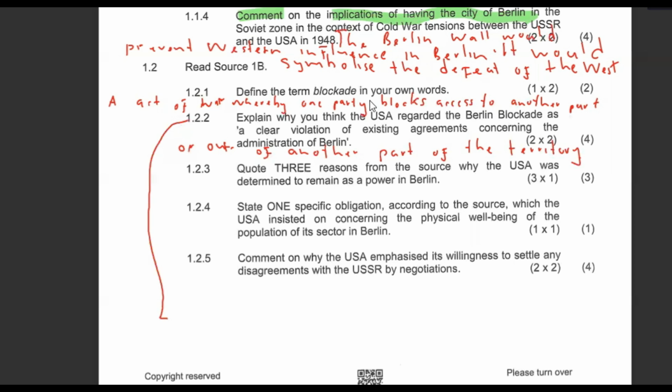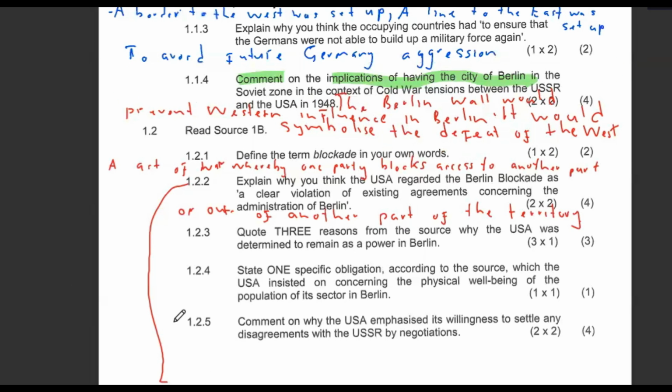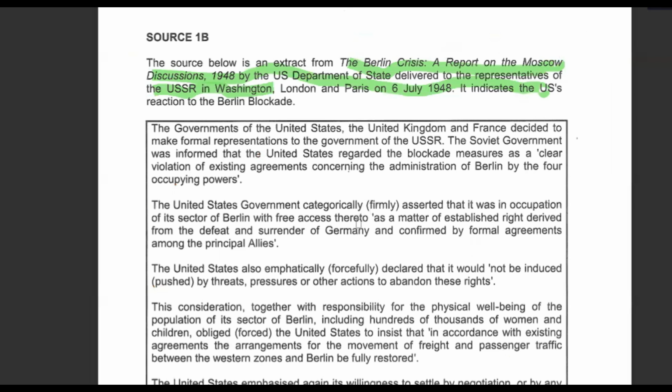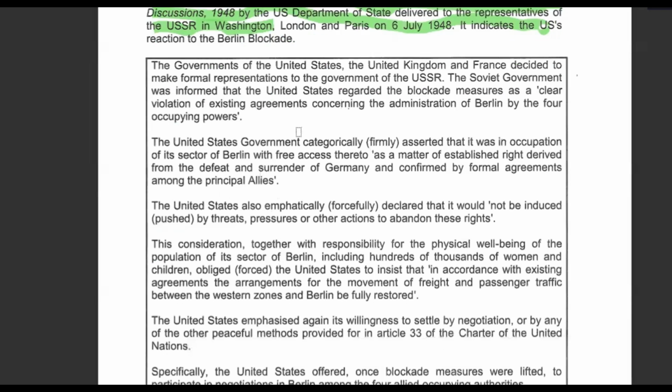So the first thing which we need to indicate is the reasons why the USA considered the Berlin blockade as a violation. All right, the USA had quite a number of reasons for doing that. The reasons are stated in the following paragraphs, which I would highlight.